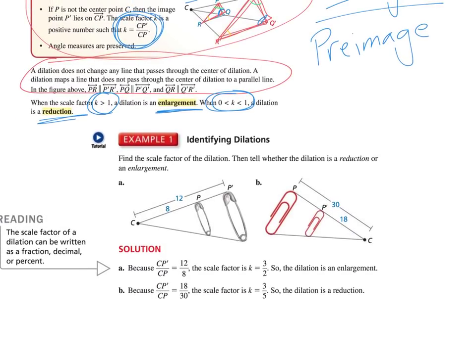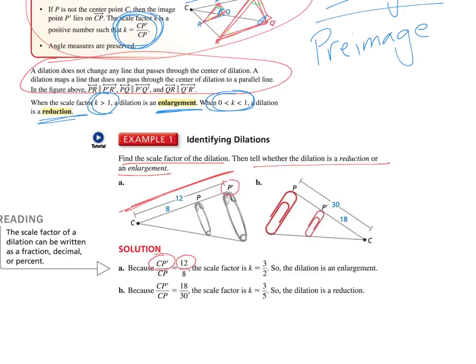For example 1, it says to find the scale factor of the dilation. Then tell whether the dilation is a reduction or an enlargement. Where is our P prime? Right here. That's our image. So we go with the image side length, which is CP prime here. In this case, that's 12.